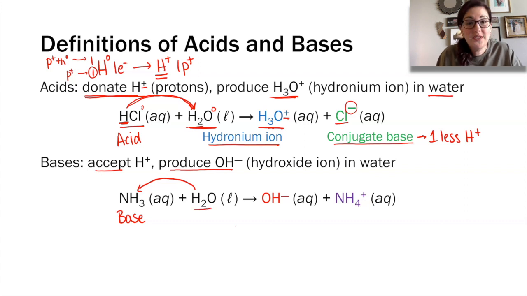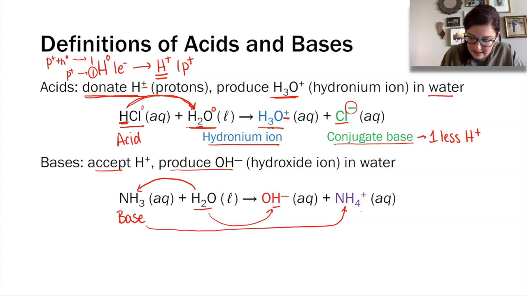Water loses now an H plus, and it goes down in charge. So water turns into the hydroxide ion because it loses a hydrogen, and it goes from being 0 overall charge to -1 charge, because it's losing an H plus. On the other hand, the base is taking a proton, so ammonia gains an H plus, and it gains a +1 charge.